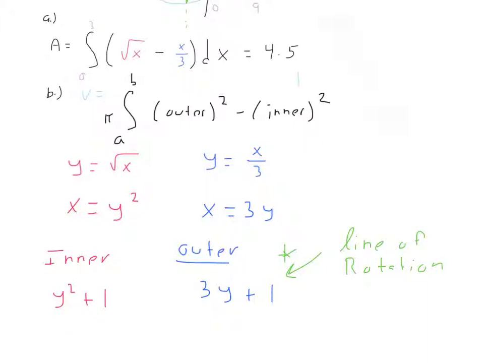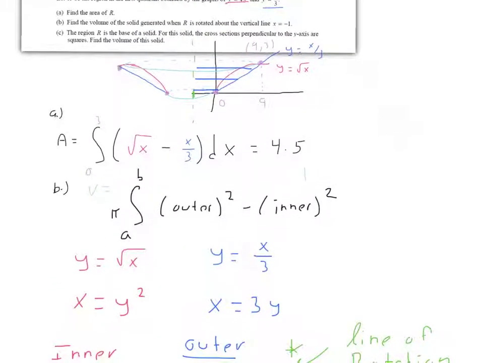So now our endpoints. If we're doing our definite integral with respect to y, our endpoints are going to be 0 and 3. So this distance here is 3.